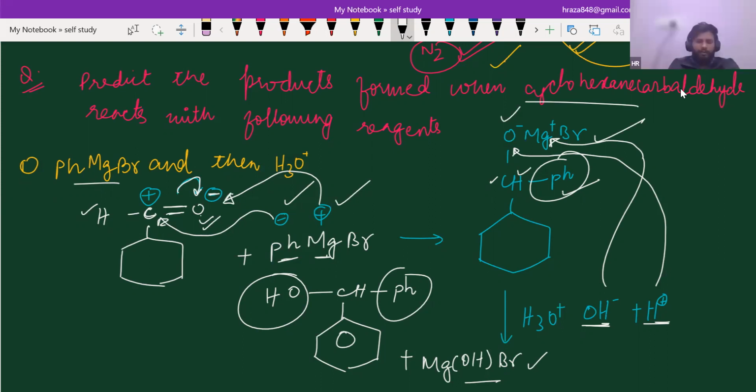Okay, so this is it for today. I want to give some questions from NCERT. We are going to do from 12.1 to 12.10. Apart from carboxylic acid, whatever we have studied till now, like preparation of aldehydes and ketones, and then the chemical reactions of ketones and aldehydes.